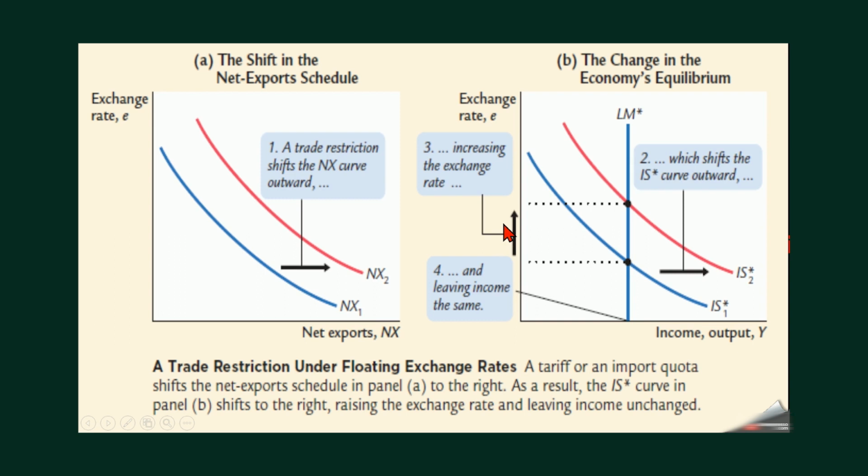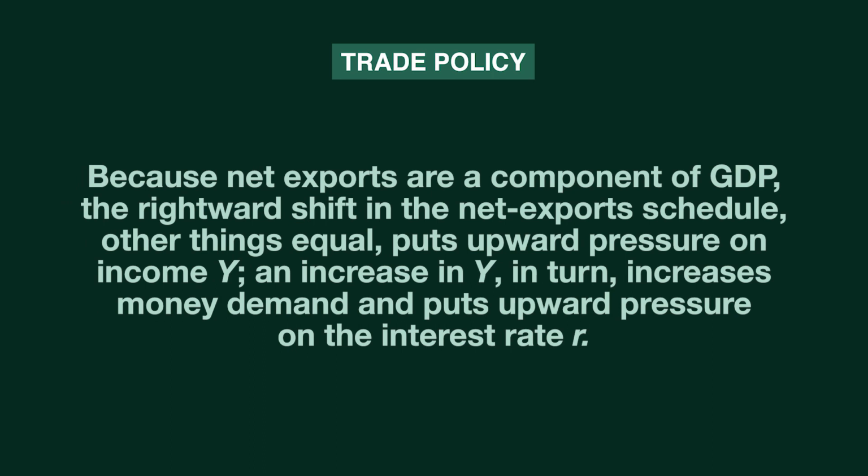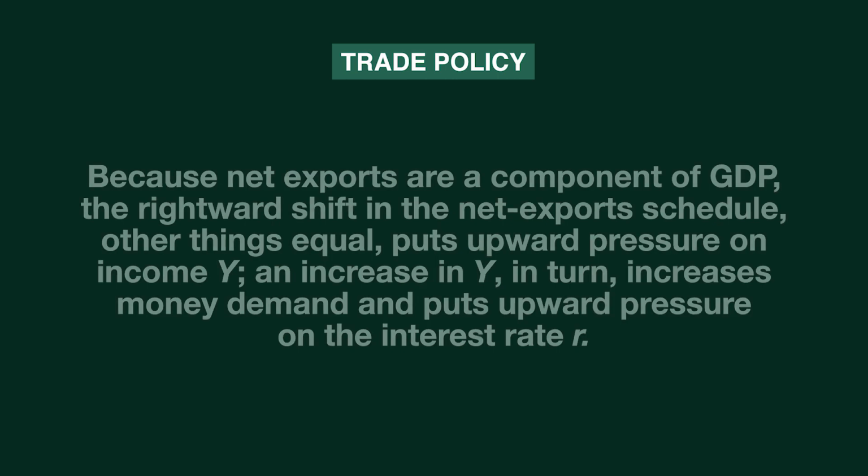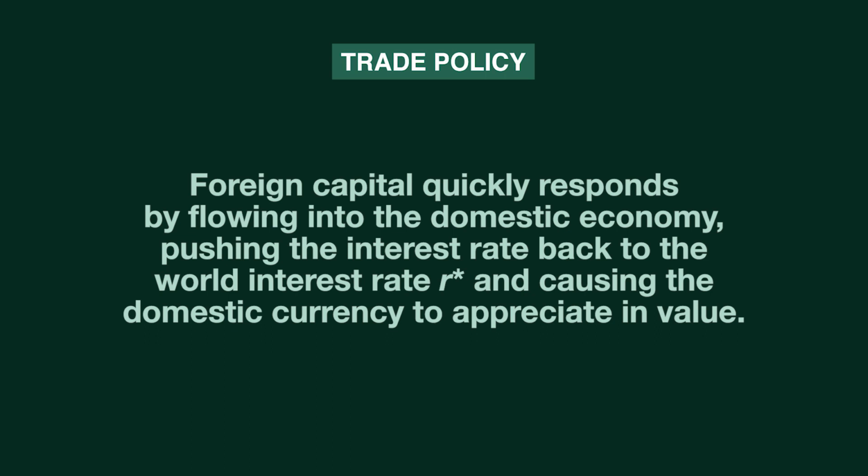In this case, what happens? As the net export component increases due to a rise in export and a fall in import, we have an upward pressure on Y, which in turn puts an upward pressure on R. Capital quickly starts flowing into the country because the domestic R is going up. This leads to an appreciation of the currency.